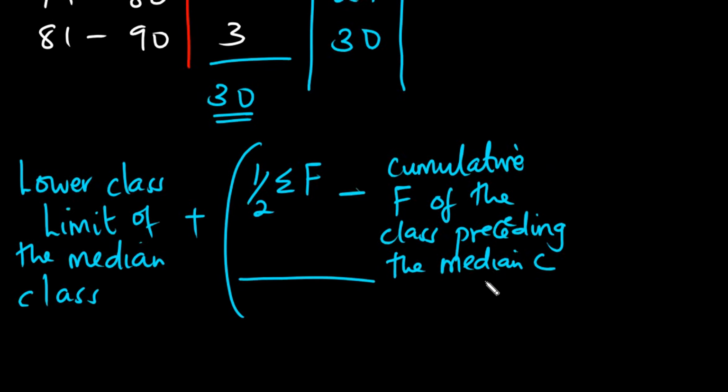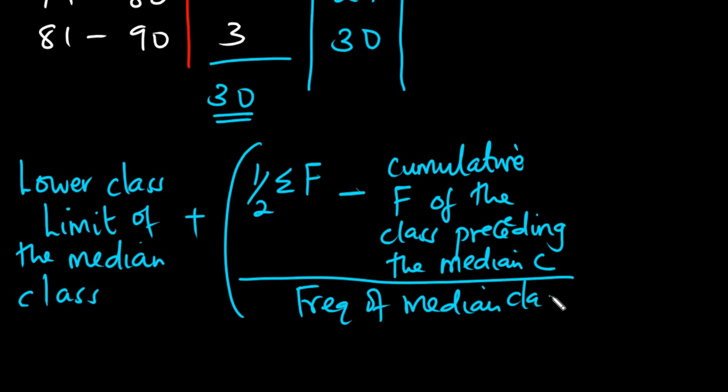And then all these divided by the frequency of the median class. And then we multiply by the class width.